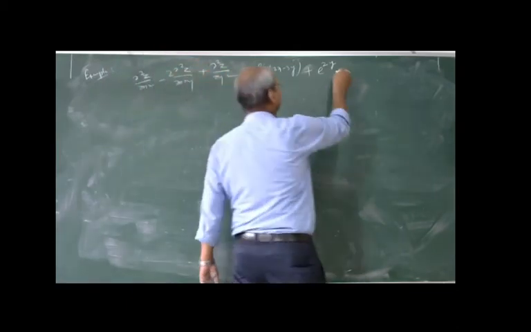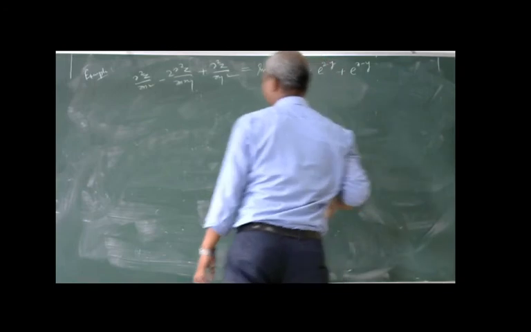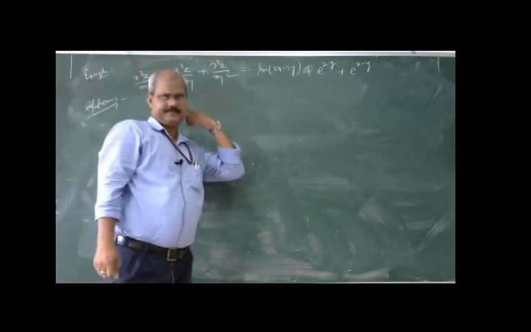Just see here, e to the power 2y plus, और भी ले सकते हैं e to the power x minus y. What should I do? Solution will be like this. Solution is of this type.